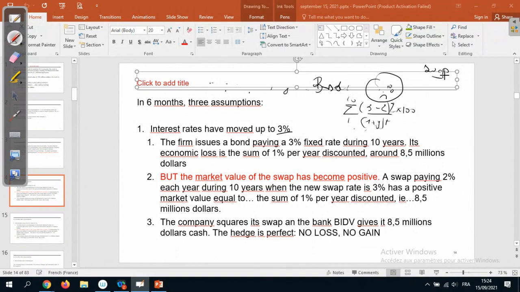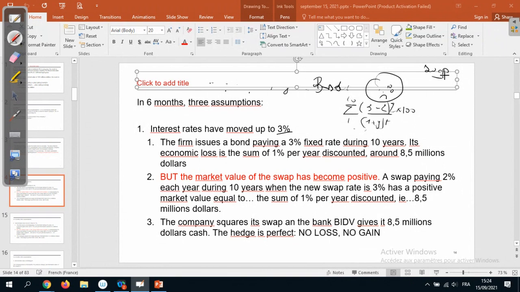And you tell your bank or another bank, I sell my swap, paying 2%. Who wants to buy it? Everybody wants to buy a swap paying 2% instead of 3% now.